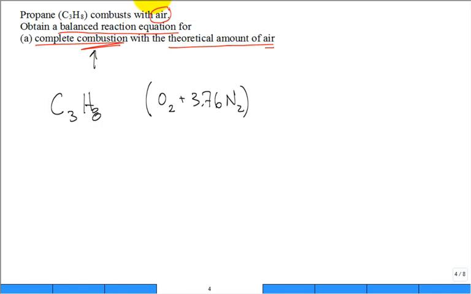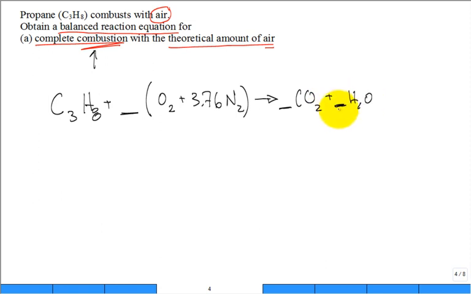And I leave a space out here with the unknown coefficient, and that's going to basically get a stoichiometric coefficient in that equation. That's everything of the reactants. Now we go to the products. Where did we say the carbon wants to go? CO2. So we put CO2 over there, but we don't know how much. We're going to have to balance this equation. And then the hydrogen wants to go to H2O.